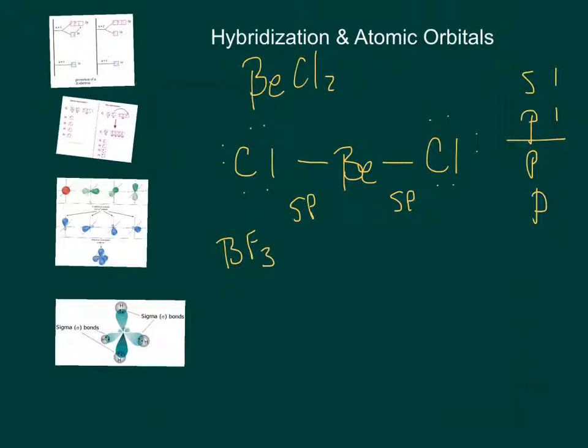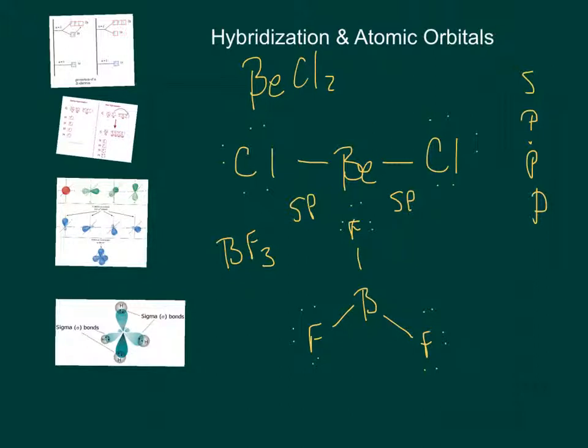Okay, but let's say we had BF3. Then we have a boron in the center. Again, this is an electron deficient species. And here's a fluorine, there's a fluorine. Okay, and so now for this one, let me get my eraser out.